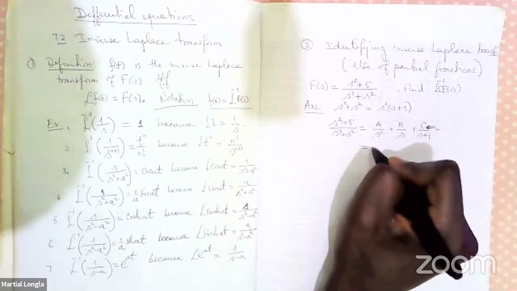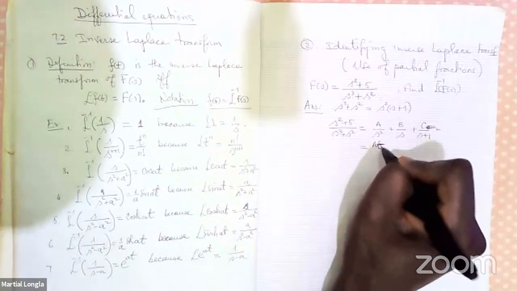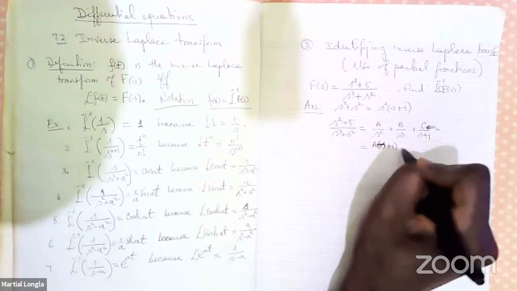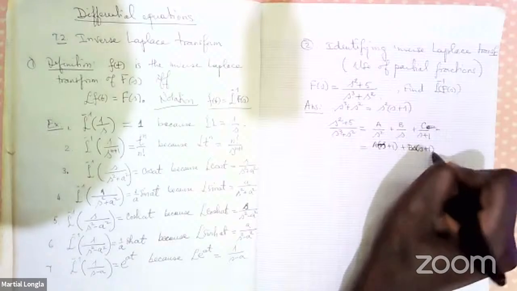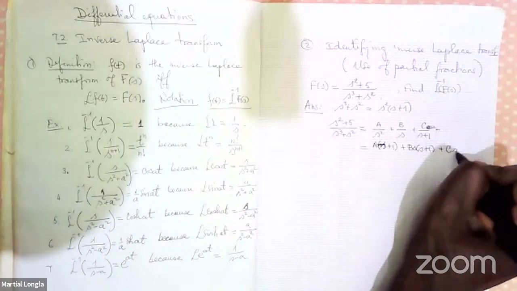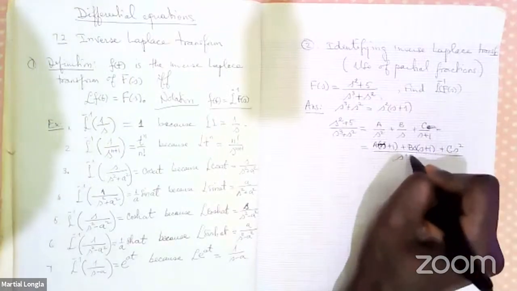It's going to be A times s plus 1 plus Bs times s plus 1 plus Cs squared, over s squared times s plus 1.